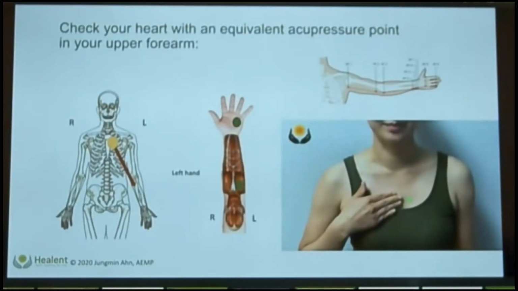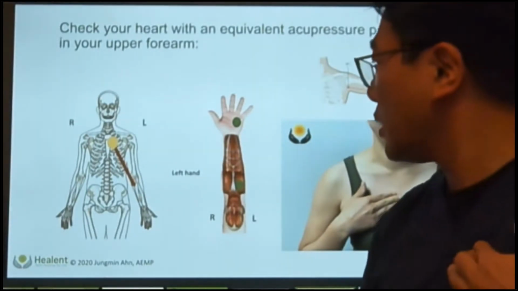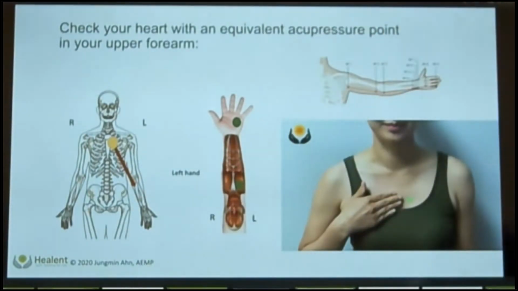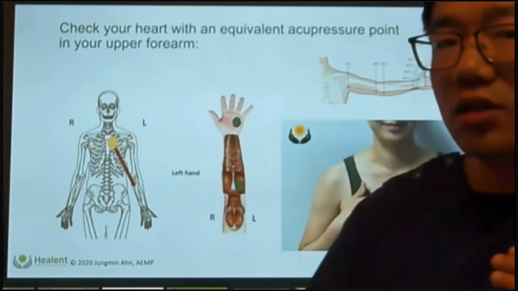So this is one example of how you can redirect energy. Our heart is a major organ for circulation. When you have inflammation or pain, the heart area becomes tense and tight, so you can check this area.